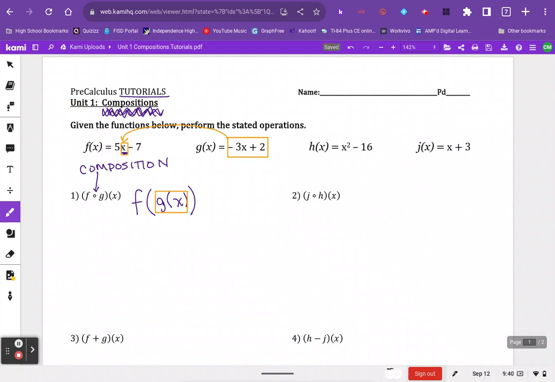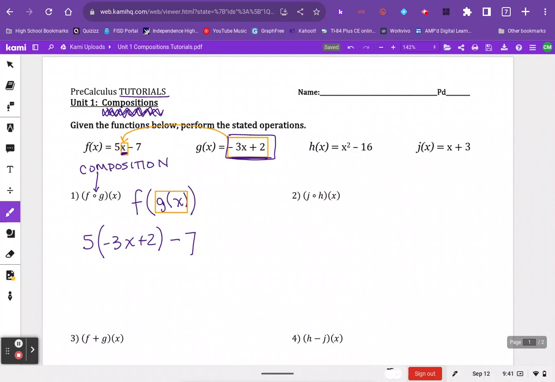It's getting replaced. We're substituting all of this in place of the X. So this X goes away and the other expression fits inside there. So we're going to have 5 times all of G, and then continue to copy down the rest of the F equation.